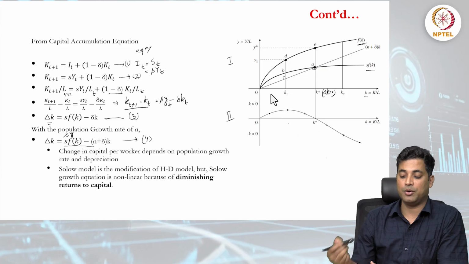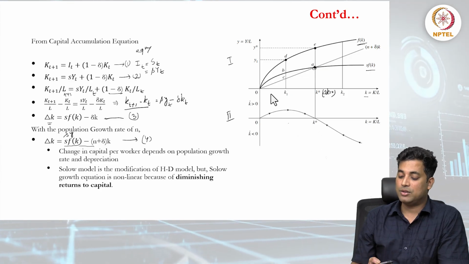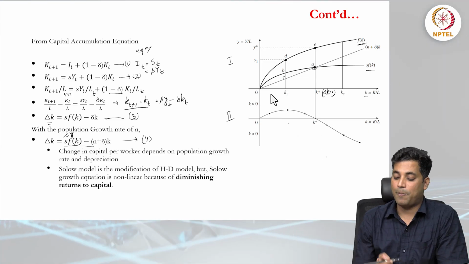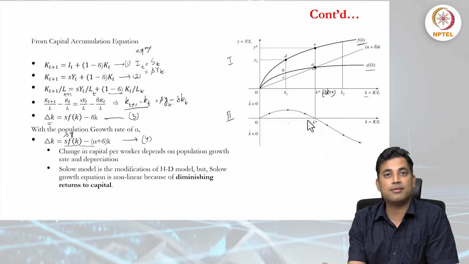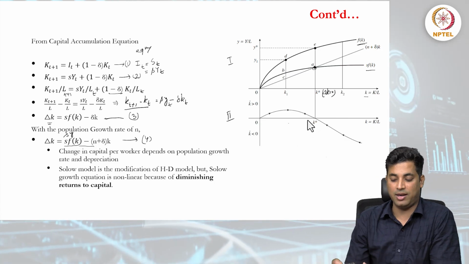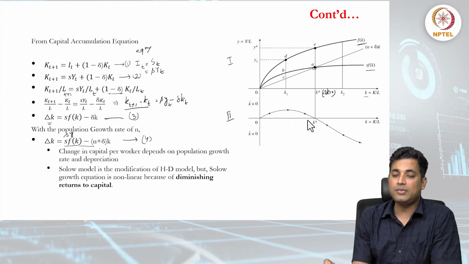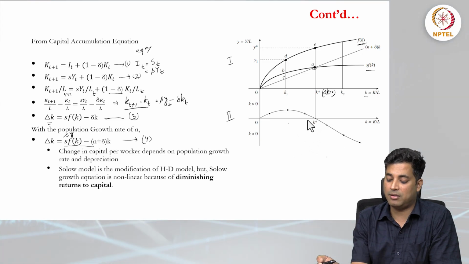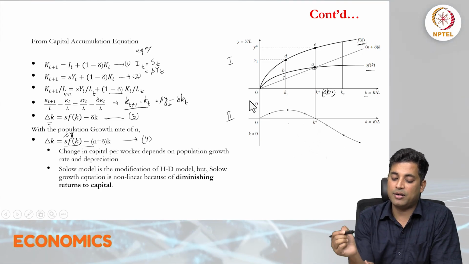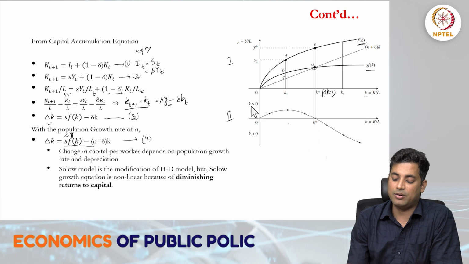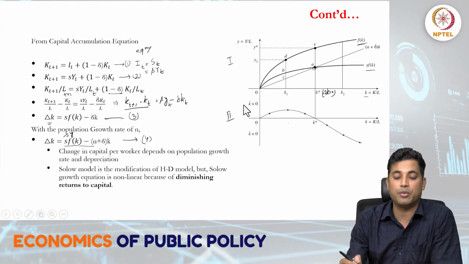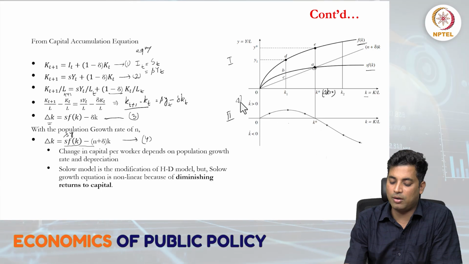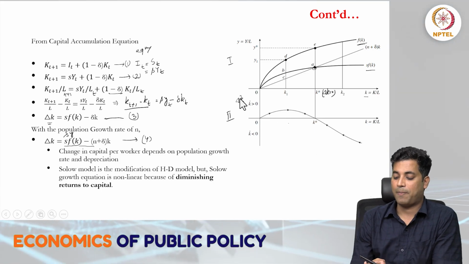So in panel 2, on the horizontal axis, the same indicator small k, which is capital per worker, and on the vertical axis it is the change in the capital per worker, small delta small k.